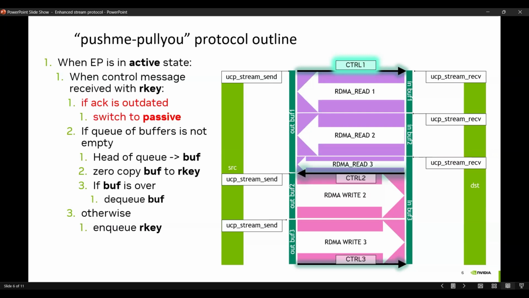Yes, what if we send this control-3 message on the same lane as RDMA write 3? Assuming that it supports active messages. Yeah, but let's say RDMA write 3 may end before RDMA write 2, or let's say the upper half of RDMA write 3 may use another rail and finish slower.